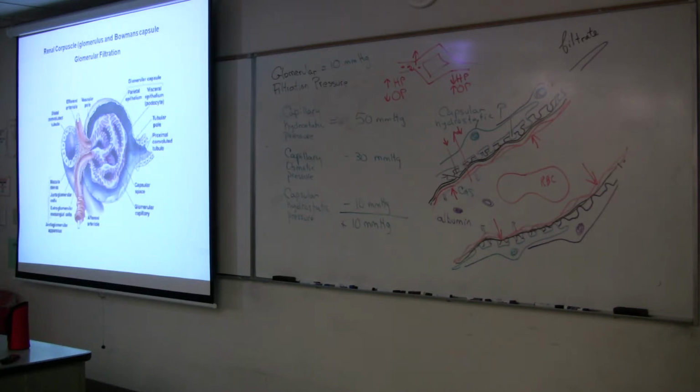Because if it drops too much, we lose our filtration pressure. And this apparatus is known as the juxtaglomerular apparatus. So I'm going to leave this image up on the screen while I draw it on the board and we look at its function.